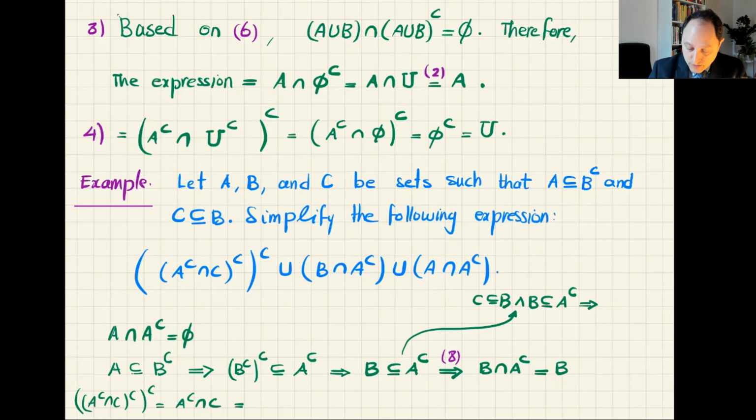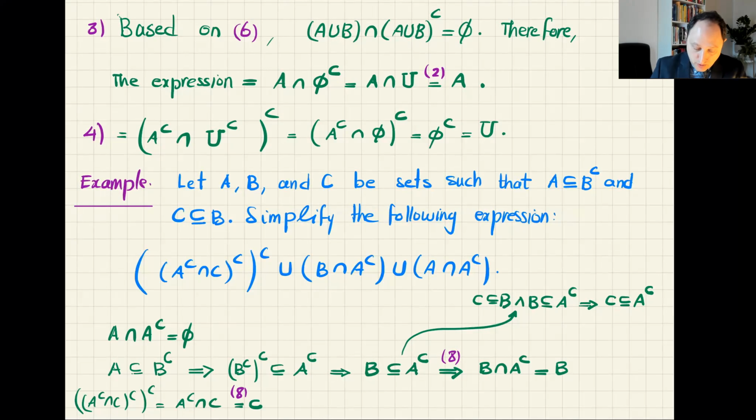So it means that if C is a subset of B, and B itself is a subset of A complement, you can conclude that C is a subset of A complement. Now that you have this relation, what is the answer to this? Exactly, according to number 8, you can write it as C. Yes? So this is number 8 again.